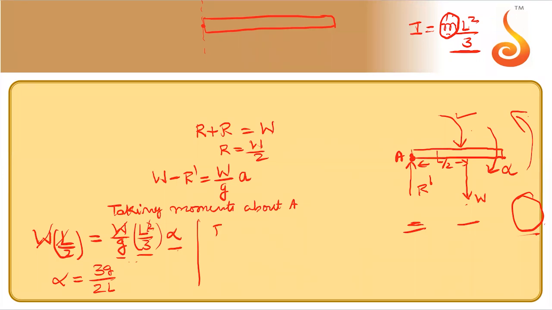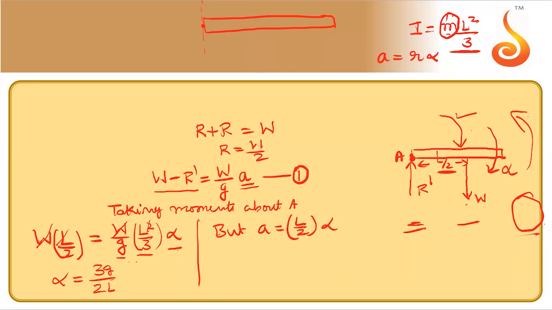But what do we need to calculate? The reaction. So for the reaction calculation, we need to use the value of A in this equation. Let us call this equation 1. Now, A is equal to r alpha.